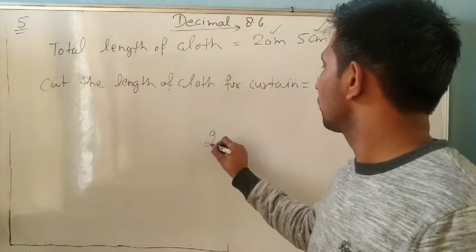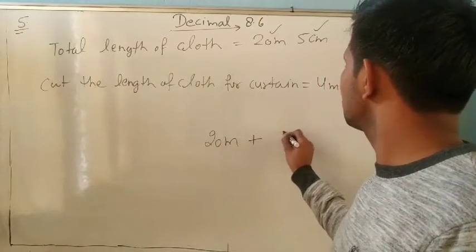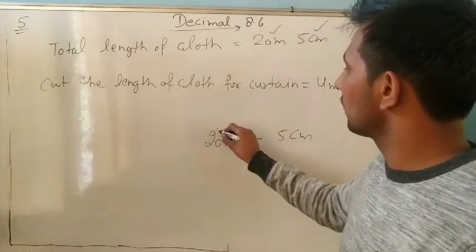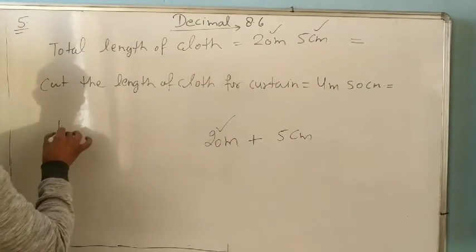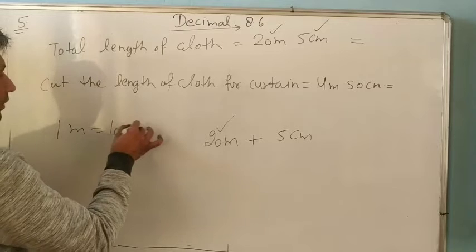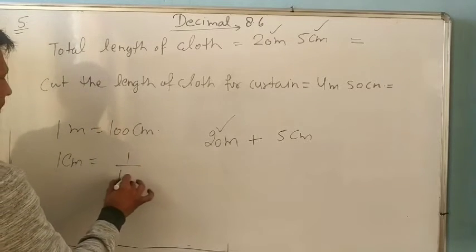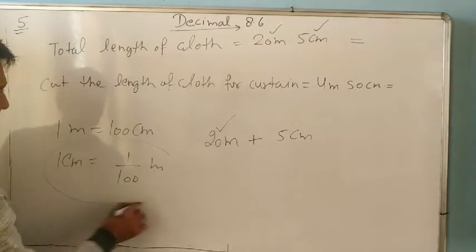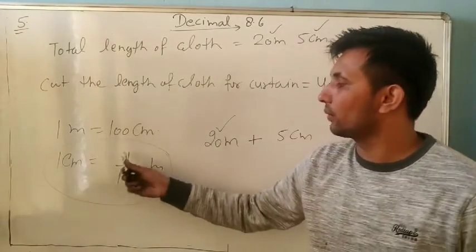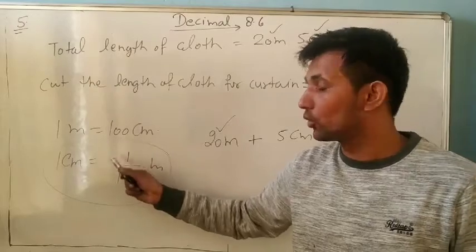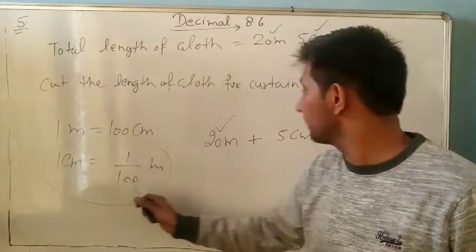How will you change? So 20 meter plus 5 centimeter. 20 meter is already in meter. 1 meter equals, everyone knows, 100 centimeter. 1 centimeter equals 1 by 100 meter. So 1 centimeter is 1 by 100, 2 centimeter 2 by 100, 3 centimeter 3 by 100.